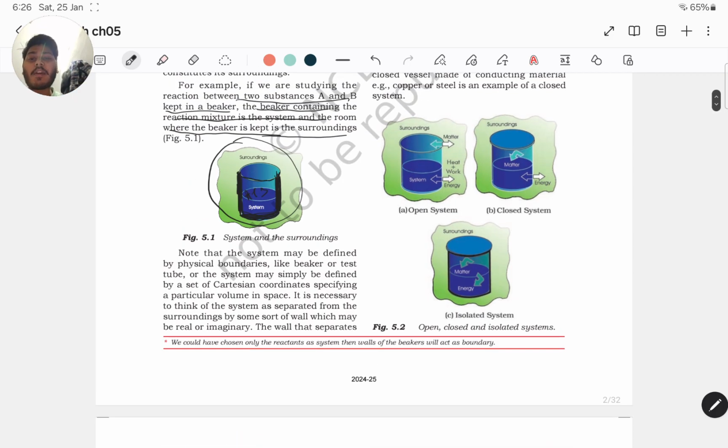For example, a beaker made up of a thermal insulator, or to say it in an easy form, it may have foam or glass. So the glass boundaries are a separating wall between this system and surrounding.